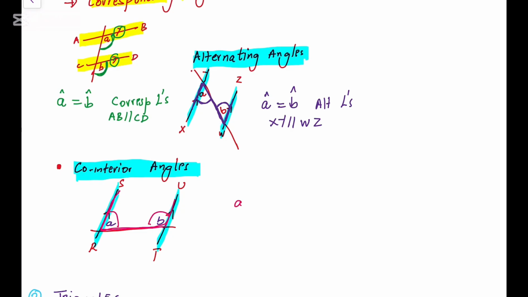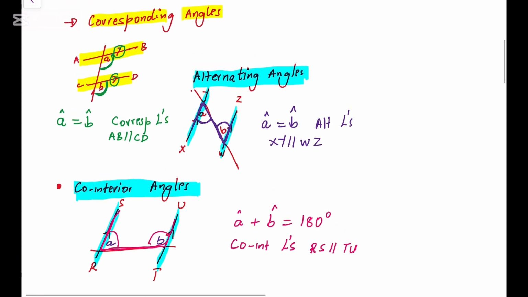So angle A plus angle B are not equal, but they add up to 180. The reason why these two angles add up to 180: these are co-interior angles. Why are we having co-interior angles? Because RS is parallel to TU.